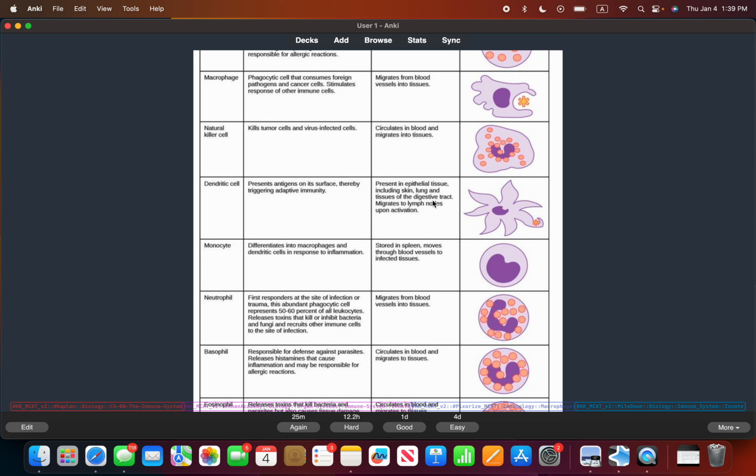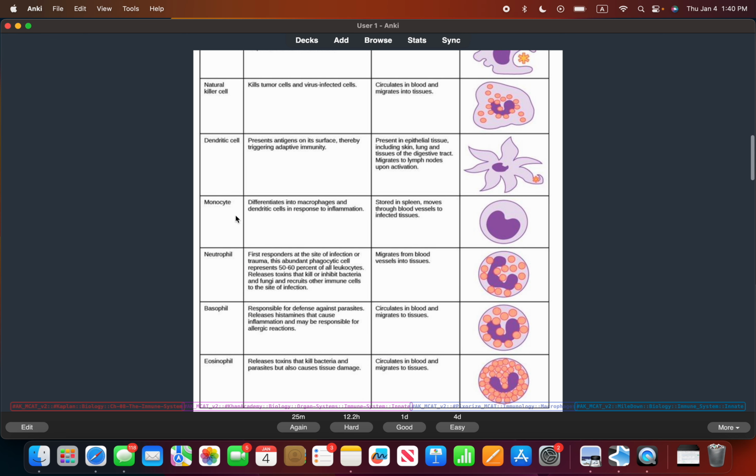So our skin, lung, and digestive tract have epithelial tissue where dendritic cells are present, and they migrate to lymph nodes upon activation.